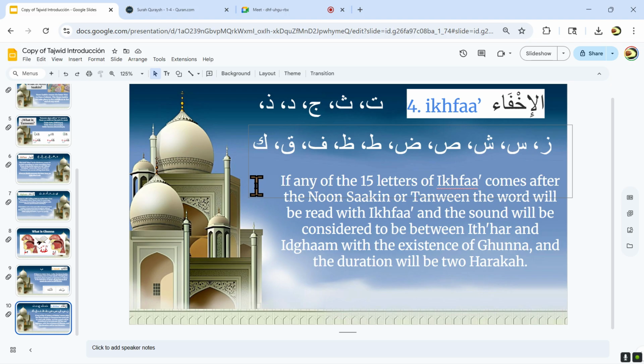What you're going to do is barely pull your tongue back and you're going to produce ghunna on it and you're going to hold it 2 counts. Min. Listen to the difference between min and min. So min and min. Nice. Yes. The first one was clear. The second one, you can call it kind of muted.